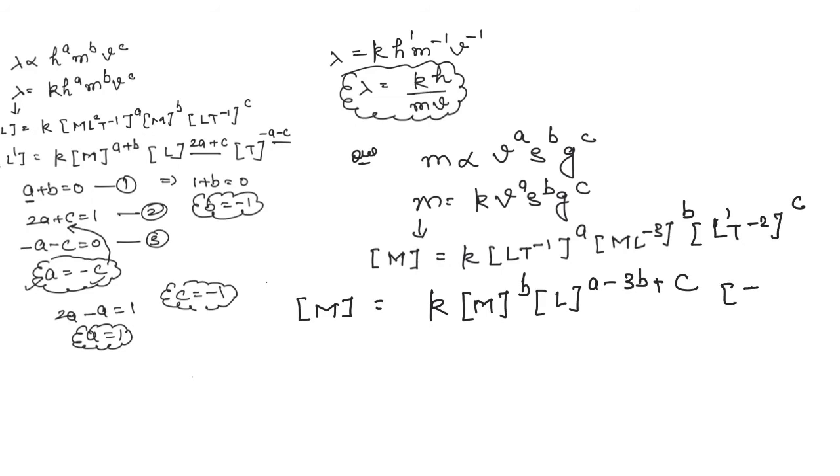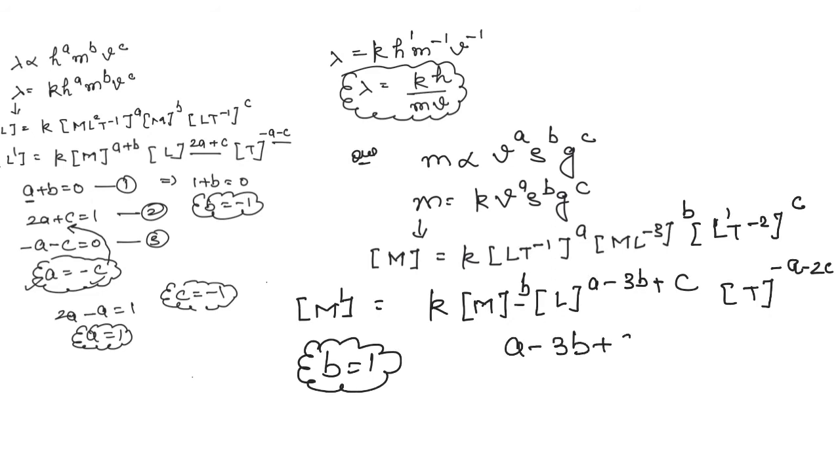Now we have T. You can notice T raised to power minus a and T raised to power minus 2c. Now if you compare, you can see very clearly b is coming out to be 1, and a minus 3b plus c is equal to 0, and minus a minus 2c is equal to 0.